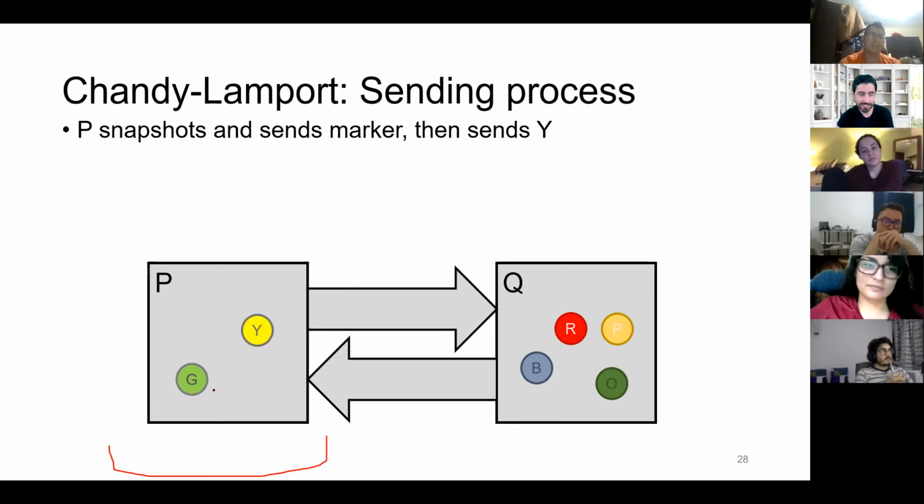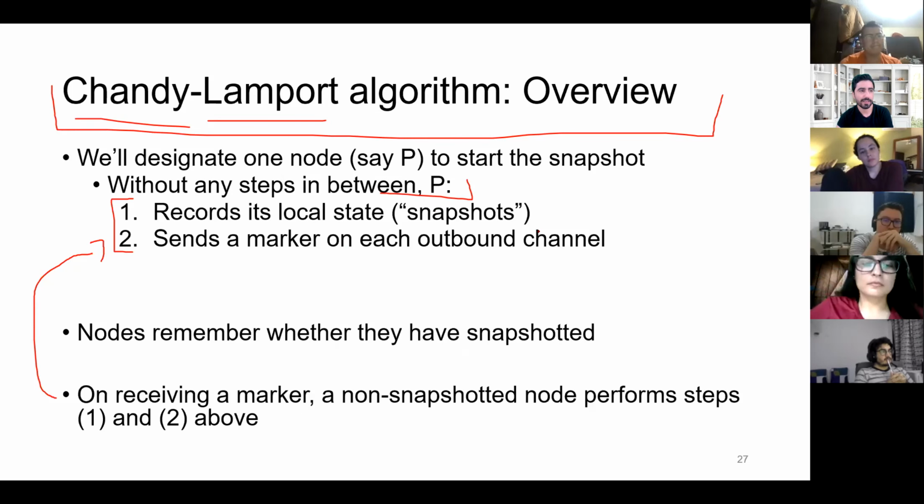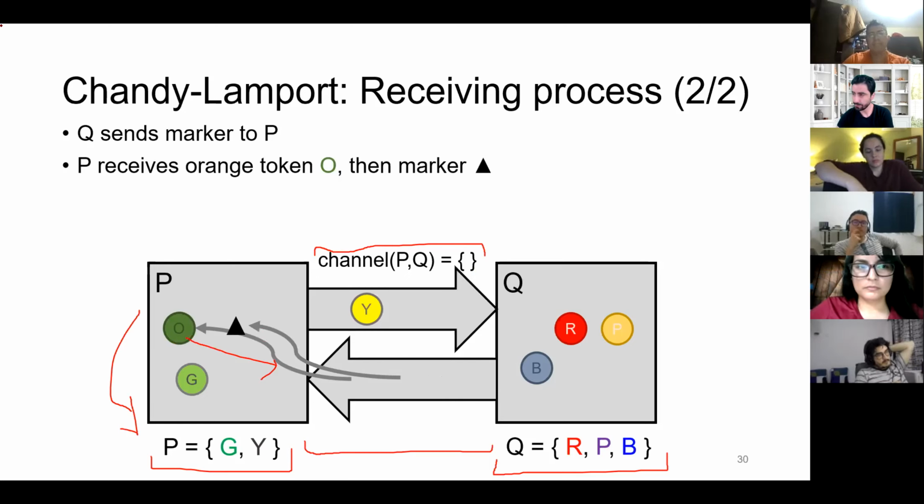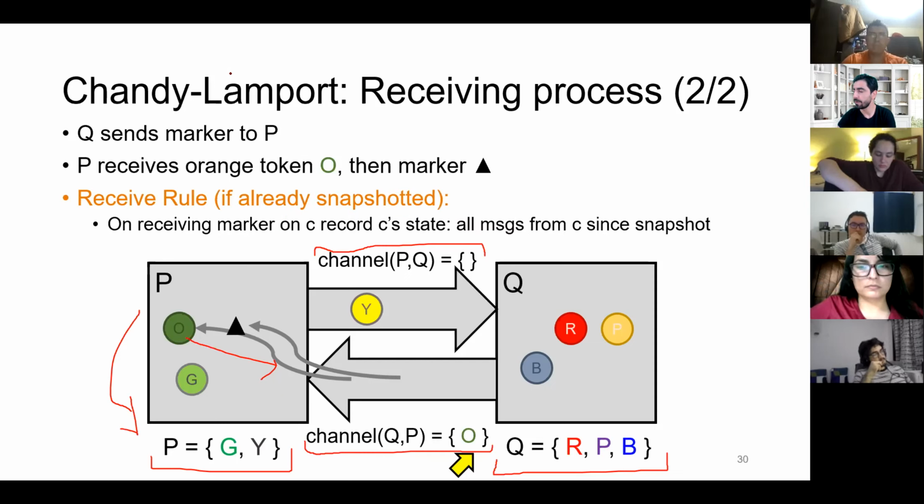When P creates the snapshot, the marker is sent through the channel PQ to Q. Q receives the marker, and Q sends the marker again to P. But at the end, according to the Chandy-Lamport algorithm, we need to store the messages from the channel QP. So when the snapshot starts in process P, do we start to buffer or store the messages that are traveling from Q to P? Because at the end we need to store that state, the messages traveling between Q and P.